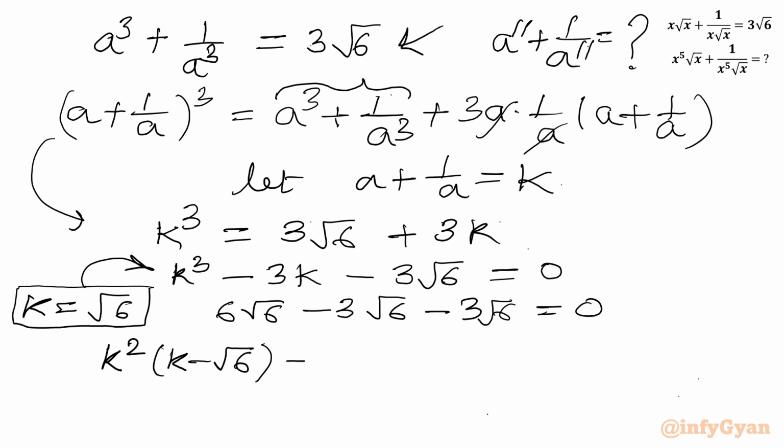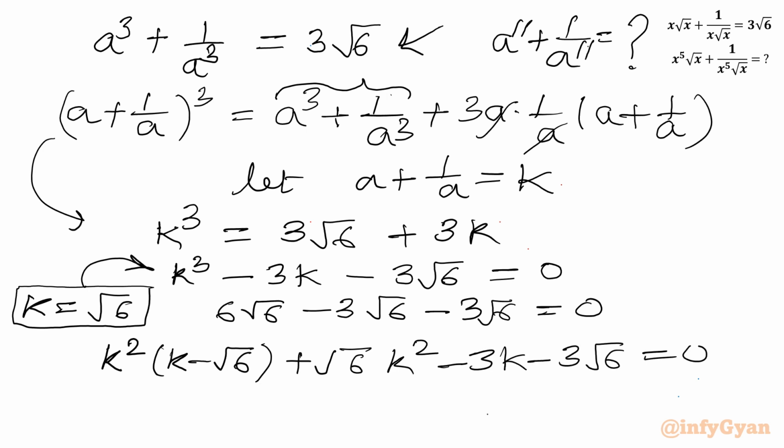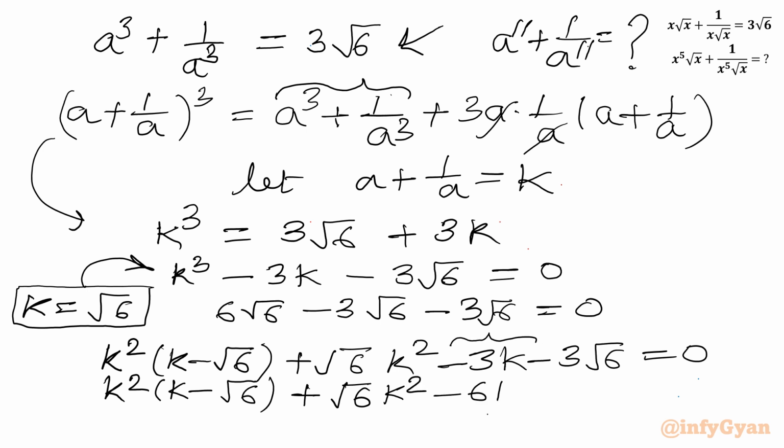Then I have to add here root 6 k square. Rest is as it is, minus 3k minus 3 root 6 equal to 0. Now I will write k square times k minus root 6 as it is, plus root 6 k square, this minus 3k I will write as minus 6k plus 3k, and then minus 3 root 6 equal to 0.